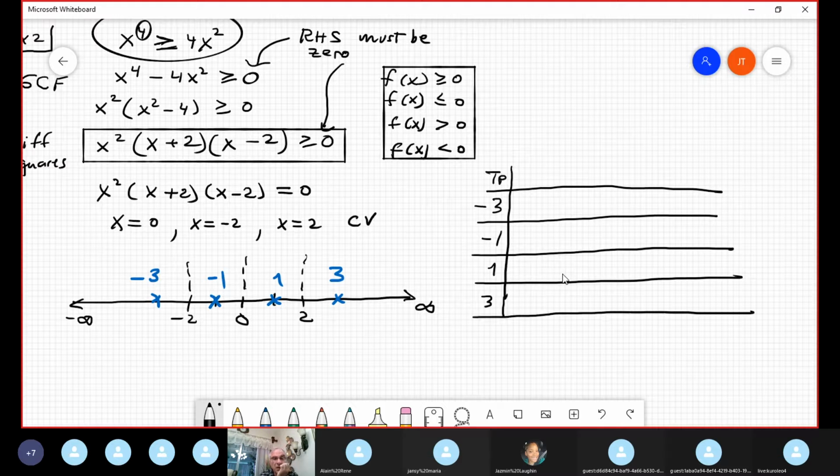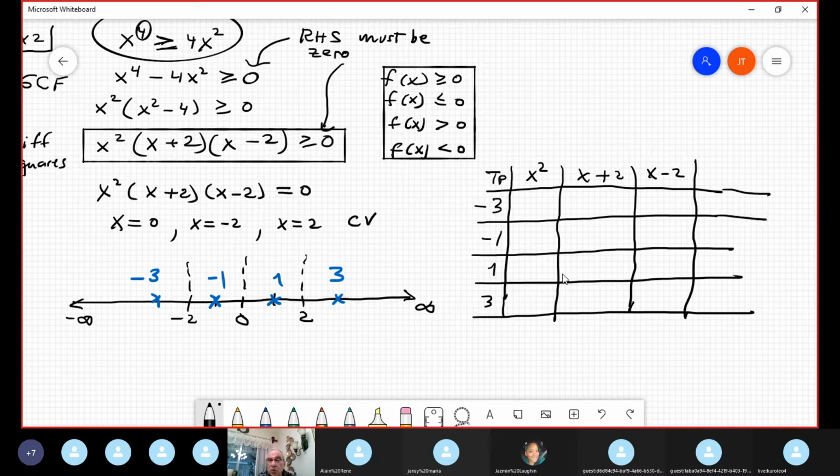The factors involved in the problem are x squared, x plus 2, and x minus 2. And don't forget to attach a new column, the most important column, the total.